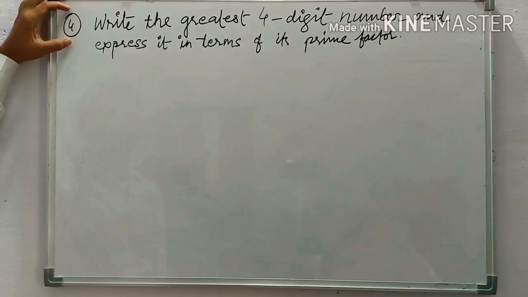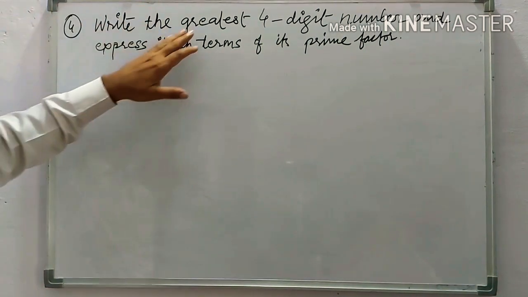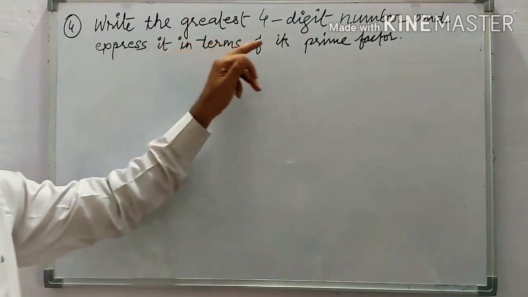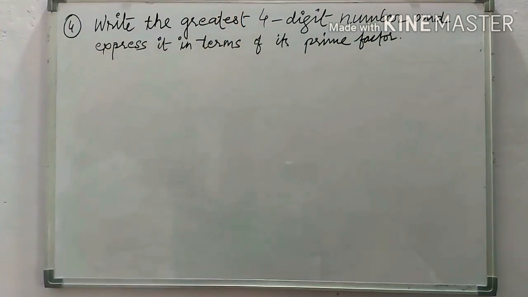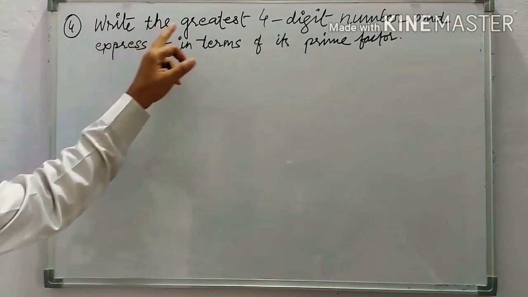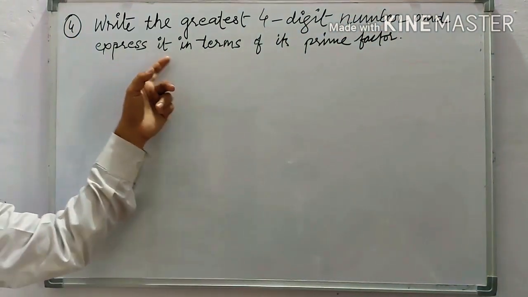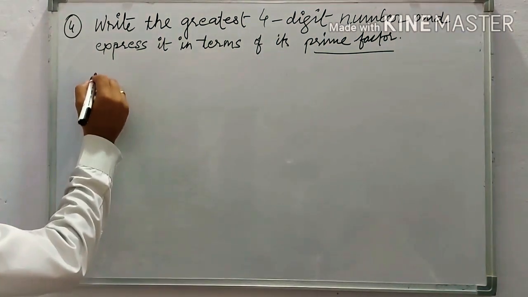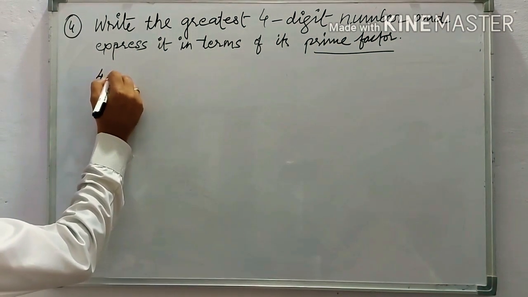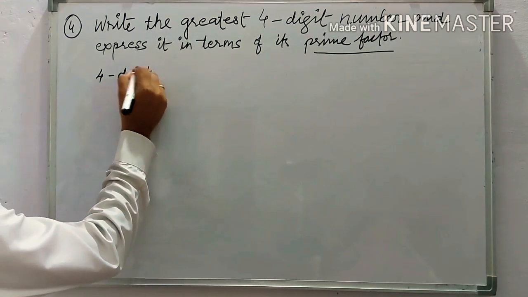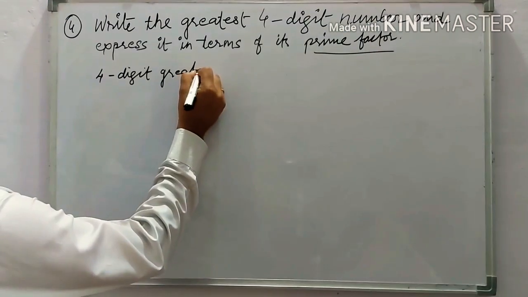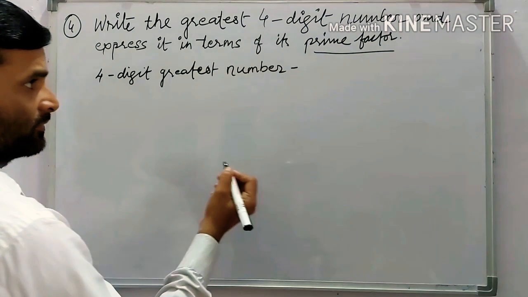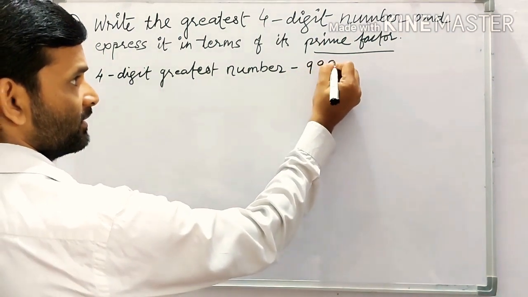Now next, question number 4. Write the greatest 4-digit number and express it in terms of prime factors. Okay, so first you write the greatest 4-digit number, which is 9999.